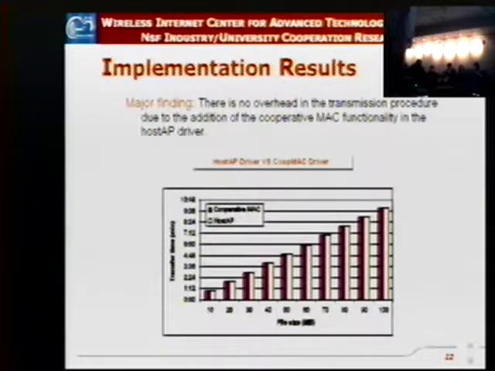Finally, what we did is that we disabled the cooperation, we disabled the two-hop transmission, and we used the driver we built to transmit directly. So we wanted to find out if we have any overhead in the transmission from this CoopMAC maintenance, from the insertion of the CoopMAC header in the payload, from the stripping of the CoopMAC header at the receiver.